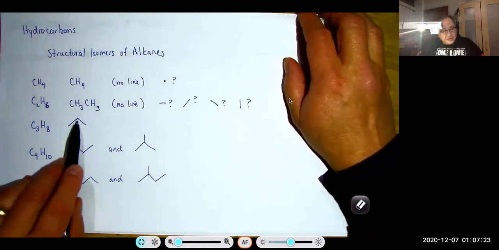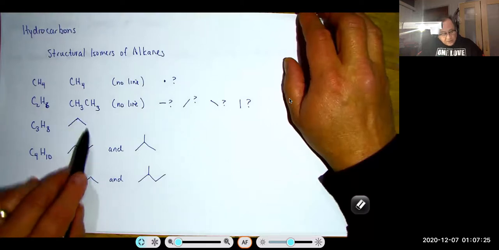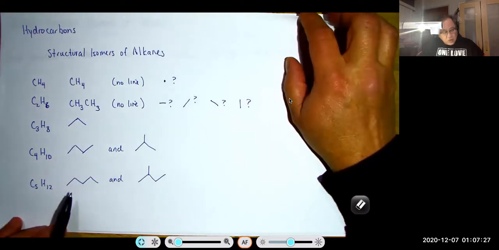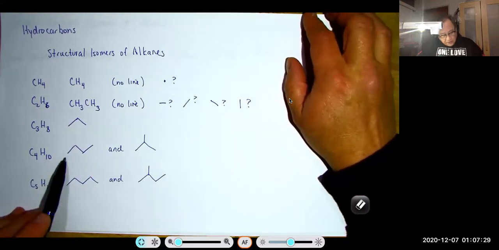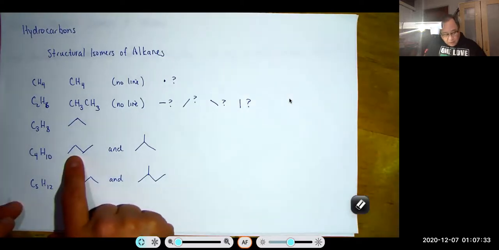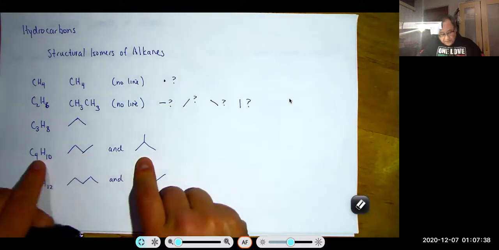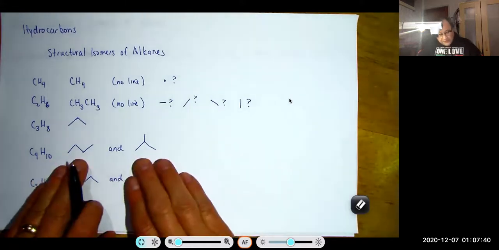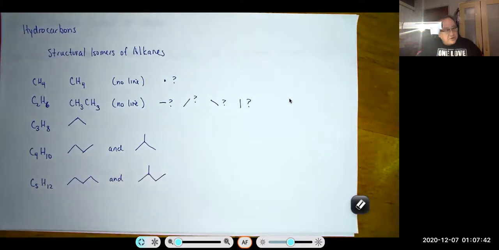It looks like this: 1, 2, 3 carbons, plus add hydrogens, you get 8. Butane, 1, 2, 3, 4. Now, there are 2 isomers that are structural isomers that have this formula. If you take both of these and you draw in all of the hydrogens and all of the carbons, you'll find that they're both C4H10.